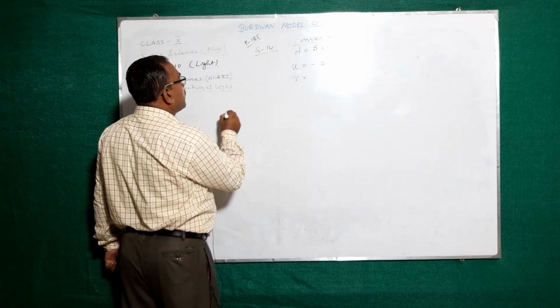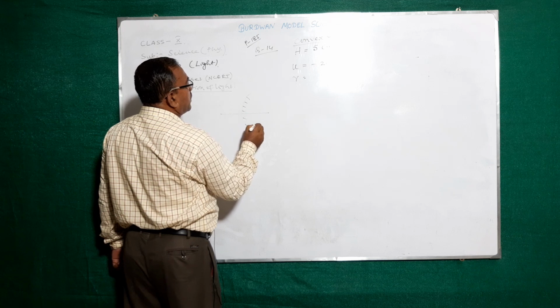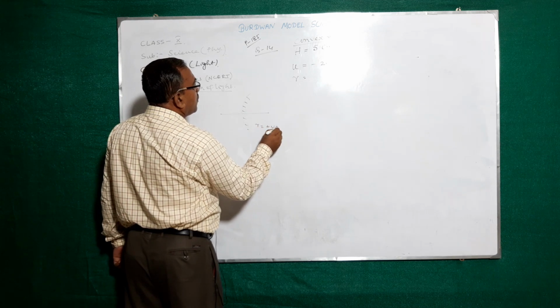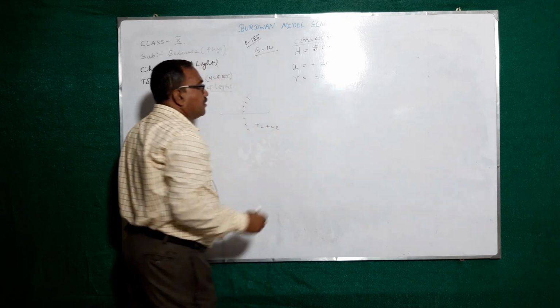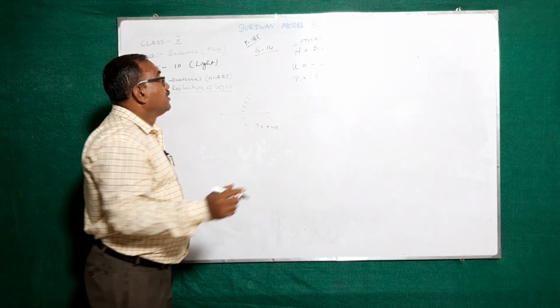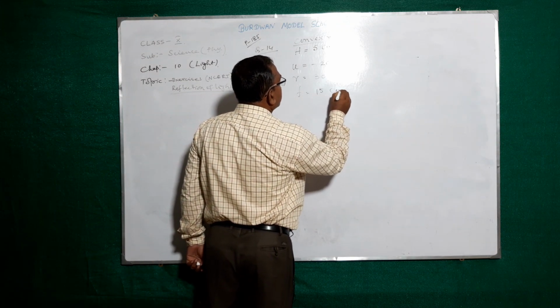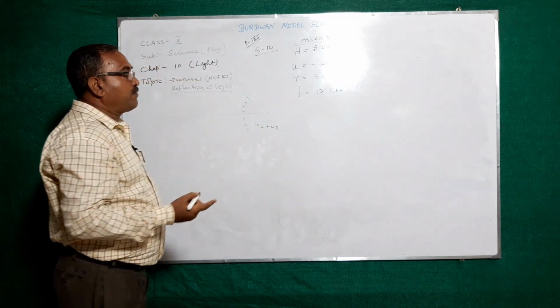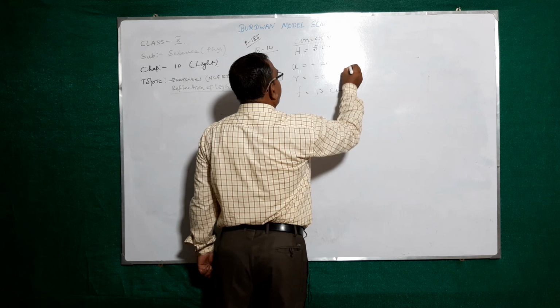So sign convention from your memory, convex mirror, so R is positive 30 centimeter. So F equal to 15 centimeter. You know it? F equal to R by 2. So 15 centimeter. Those are given.